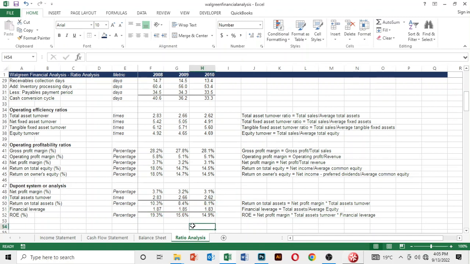Perfect, just like that. So basically there's a slight difference between this row that we have computed using the DuPont system and this row here.